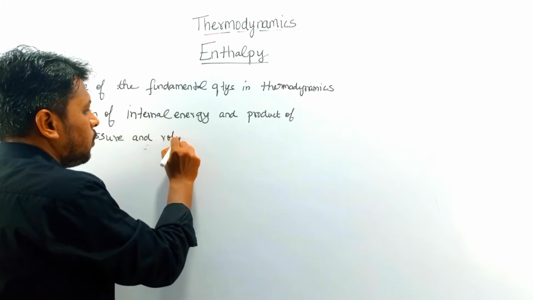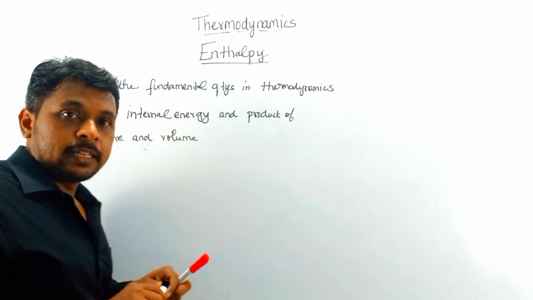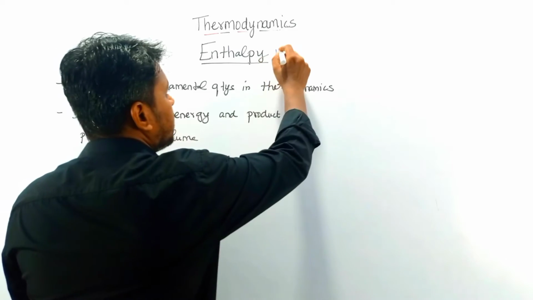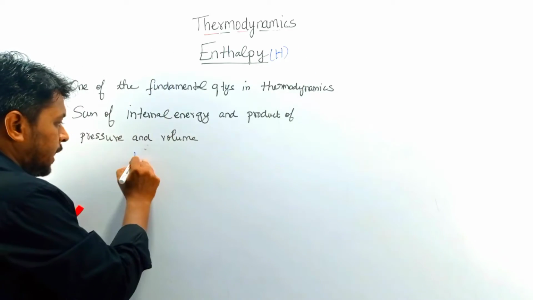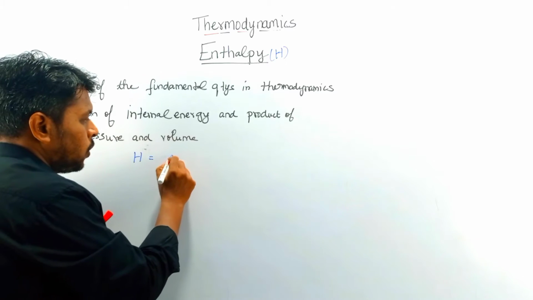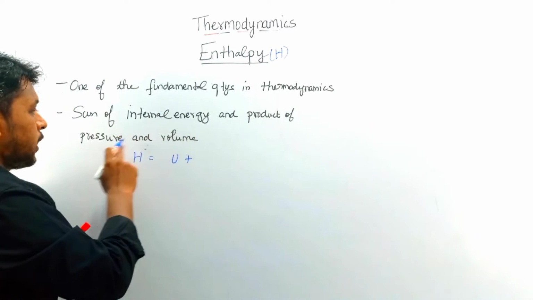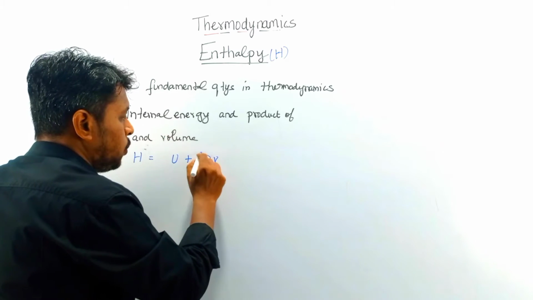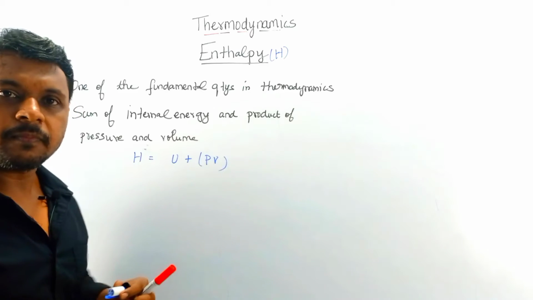Enthalpy is given by the symbol H. So it is written as H is equal to U plus P into V, the internal energy plus the product of pressure and volume. This is about enthalpy.